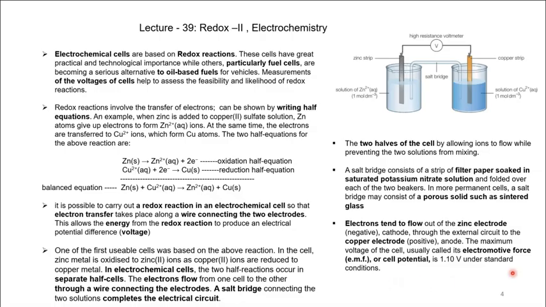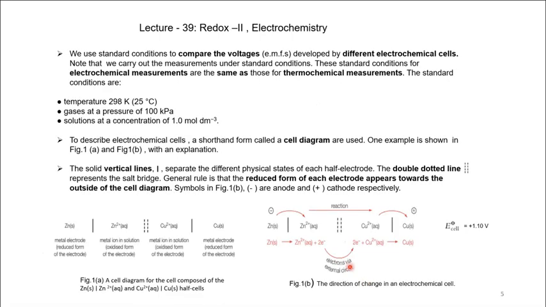Please do remember that we are saying under standard conditions. We'll talk about it a little bit later. This is what we are saying about comparing the EMFs developed by different electrochemical cells. The measurement should be under standard conditions.